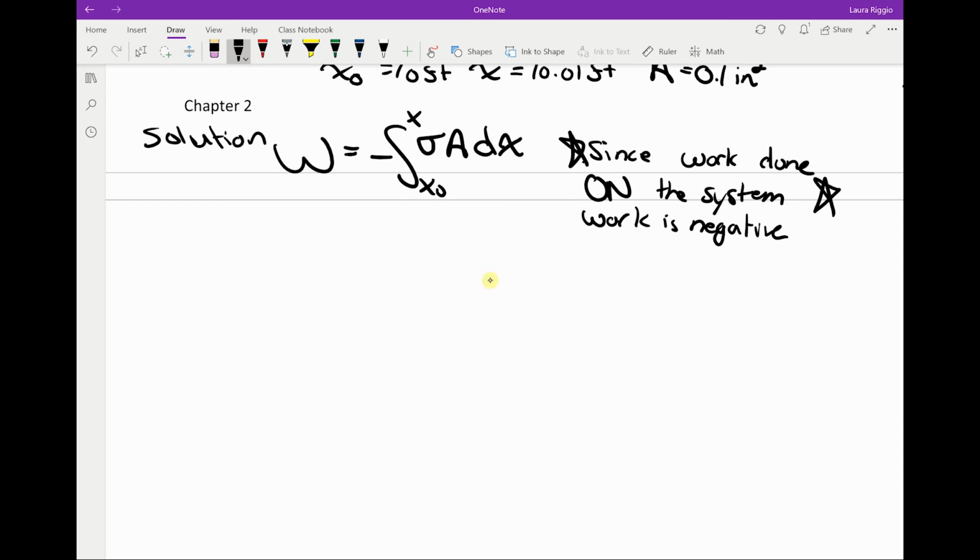And of course, we had the fact that sigma is our force divided by area, which means our force is sigma times our area.